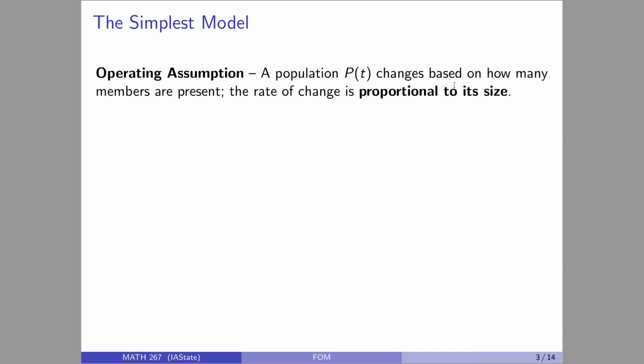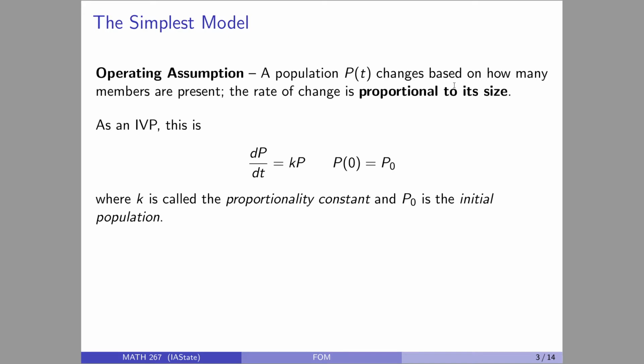As a differential equation, specifically as an initial value problem, the rate of change proportional to its size means that there is some constant k, called the proportionality constant, so that the rate of change is proportional to the population itself.